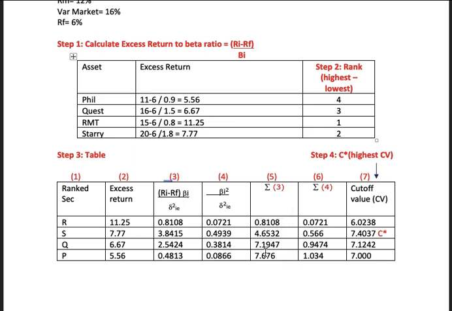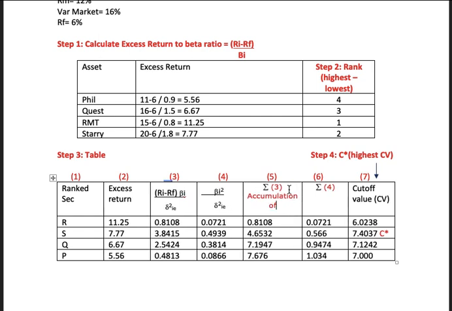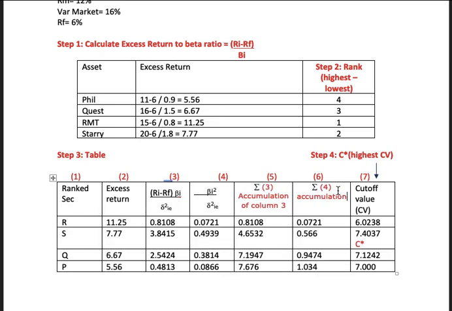So here I ulang balik. Column ni adalah the accumulation ataupun I put note lah kat sini, accumulation of column 3. For column number 6, sama juga, dia accumulation juga, of column 4.